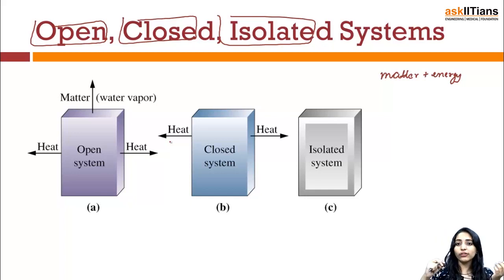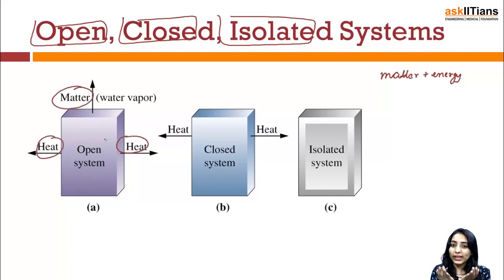Because some of the water vapors were moving away from the surface of the coffee into the atmosphere. So this was an exchange of matter, and since energy was lost by the coffee cup to the surrounding, there was an exchange of energy too. So I can say that any system where both matter and heat are being exchanged between the system and the surrounding is called an open system.